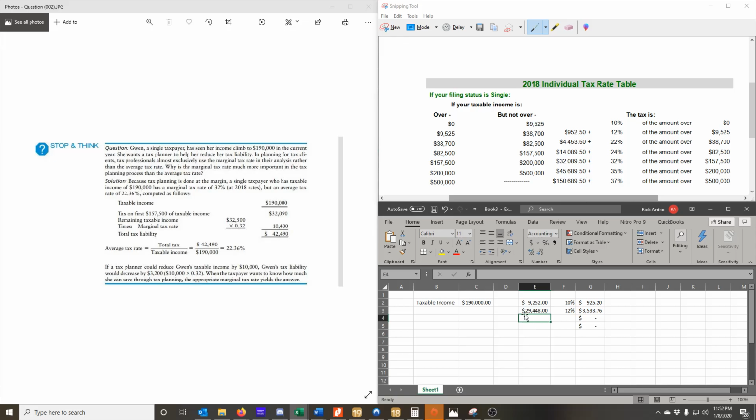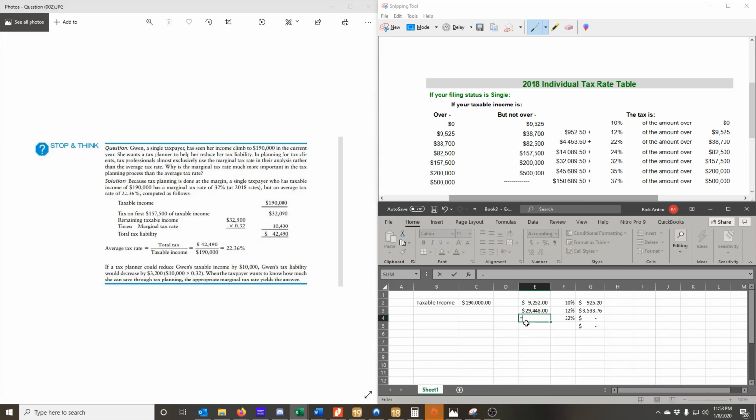Now we're in the next bracket, which is the 22% bracket. She's going to pay 22% on the amount over 38,700, but not more than 82,500. So we're going to have 82,500 minus 38,700. And I believe if we were to add these two up, we would get 38,700.